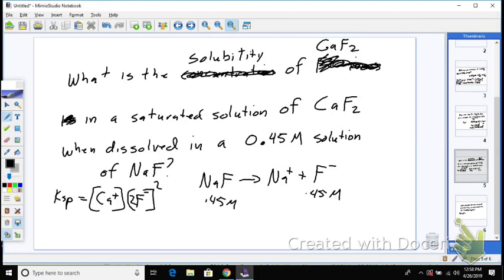I probably should just put the fluorine concentration squared, not 2F.